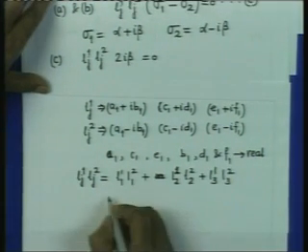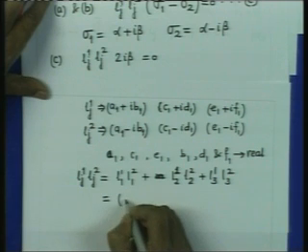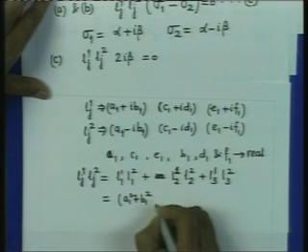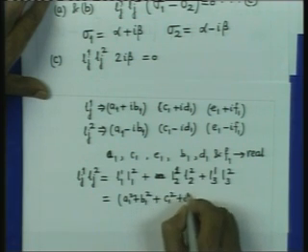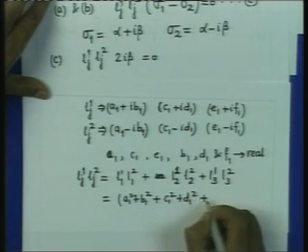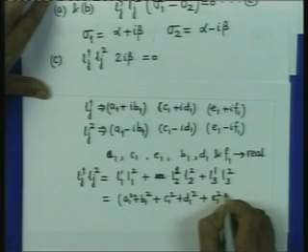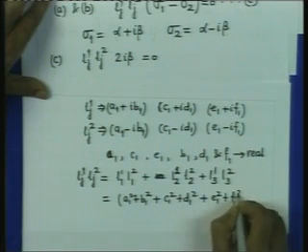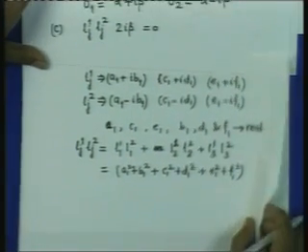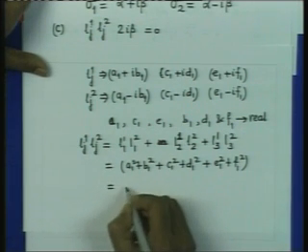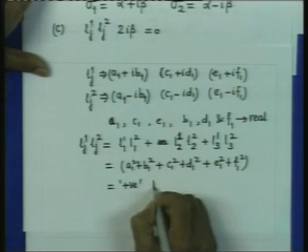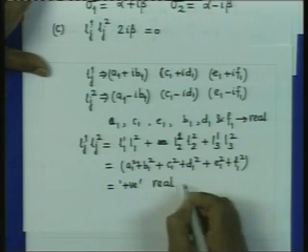So, this will give us A1 square plus B1 square plus C1 square plus D1 square plus E1 square plus F1 square. Now, this expression is always some positive real value.